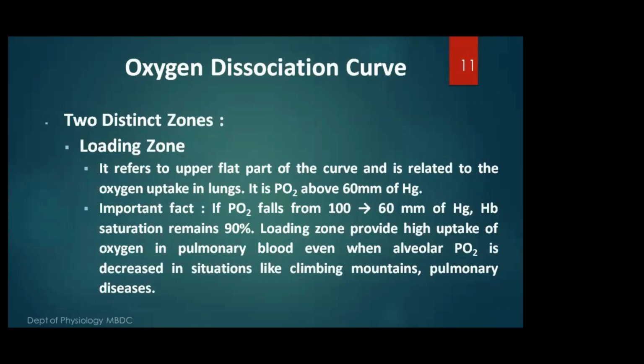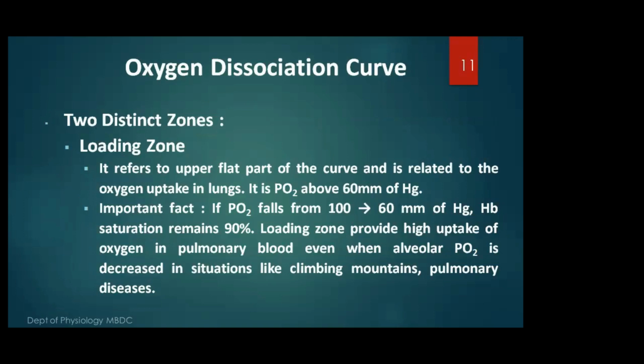The oxygen dissociation curve has two distinct zones. The top portion is called the loading zone. It refers to the upper flat part of the curve and it is related to the oxygen uptake in the lungs. It is the part above where the partial pressure of oxygen is 60 millimeter of mercury.